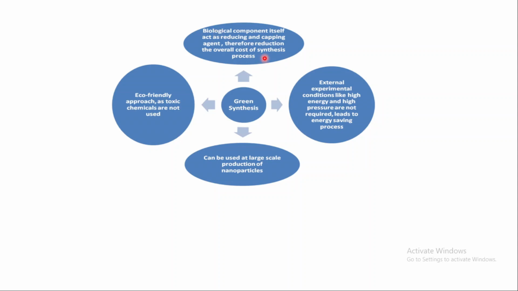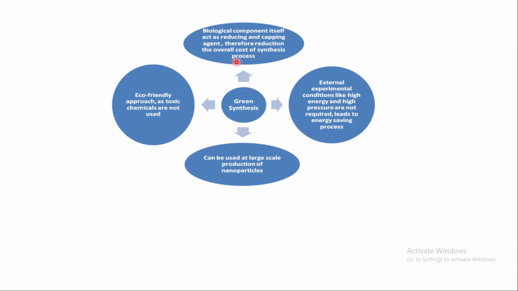It itself acts as a reducing agent and a capping agent. Therefore, the overall cost of the synthesis process is reduced. The cost is getting reduced because everything is naturally available. You just have to make it react in the appropriate conditions, and it's ready.